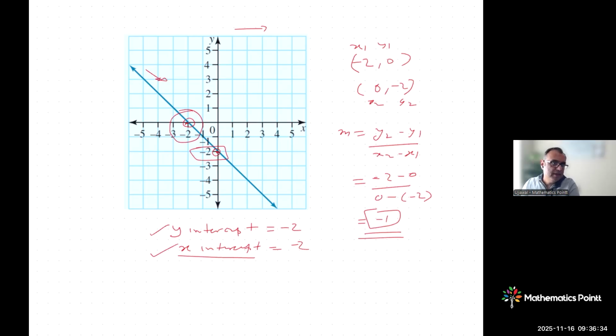All right, let's go to the next page. All right. Now, I'll go back to the equation that I started off with. y equals 2x plus 1.